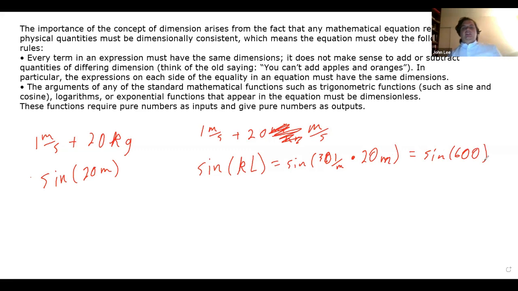So K in this case is 31 over meters, which is just a constant of the function in order to keep it unitless.